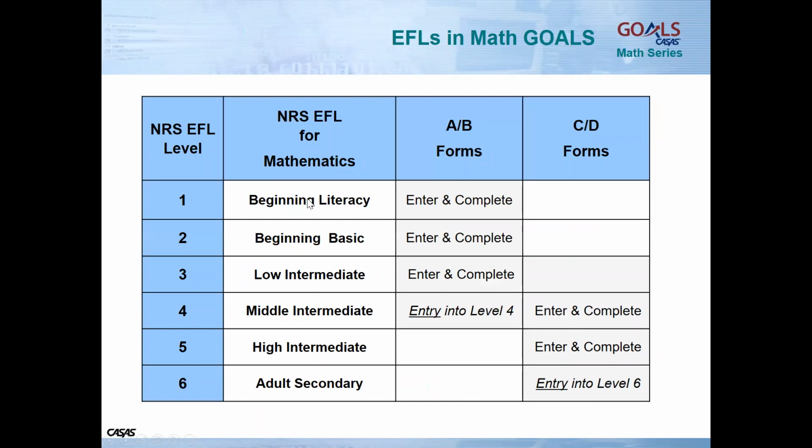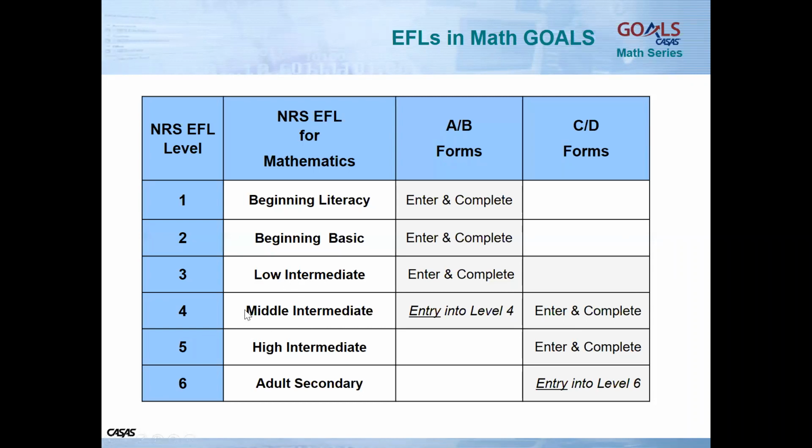how the design of the level A, B, and CD forms relates to the NRS levels for ABE. One thing that's very important to understand about the NRS EFLs, the levels for mathematics, is that they are different from the NRS levels for reading.